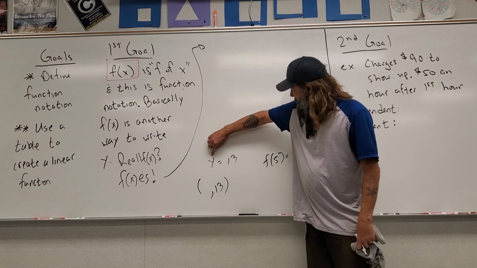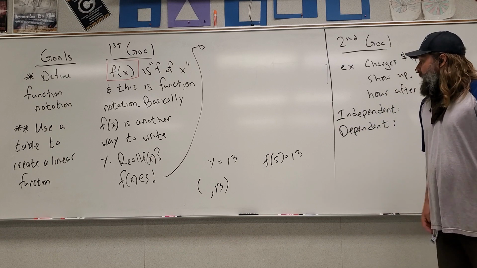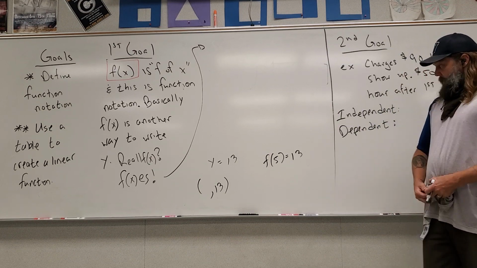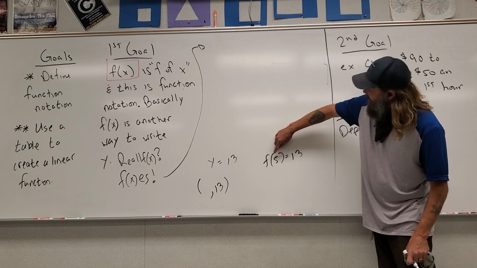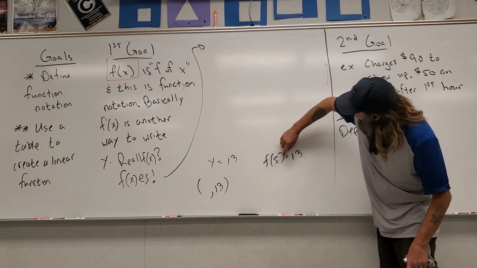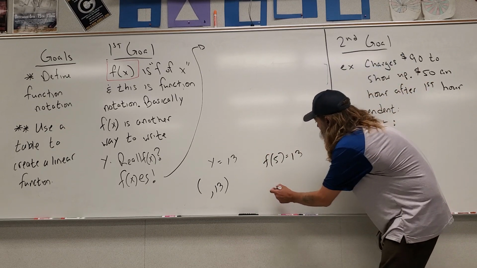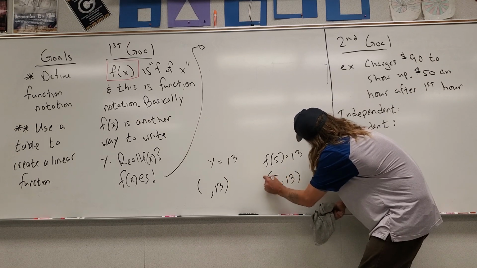Do I know what the x value is that got me this 13? No, I do not. However, in the function notation, remember it's f of x, but in this case x is 5, and when I plug in 5, my entire y value is 13. So I get some more information from function notation.